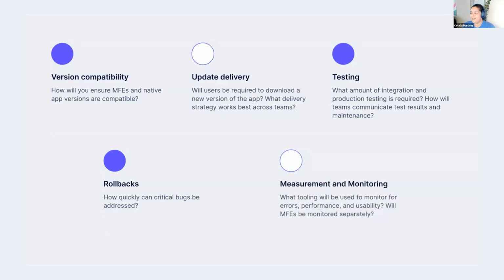And measurement and monitoring. So I'm really excited that observability came up during some of the questions for Luca. Observability is something that is really important for measuring and monitoring things like errors, performance, and usability of our applications. When we talk about measurement and monitoring, monitoring refers to things that we know.